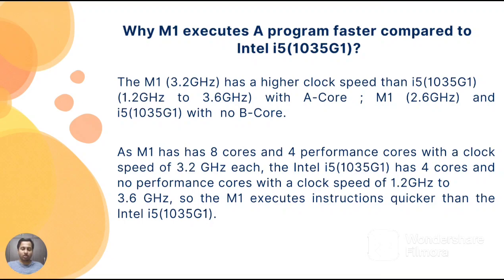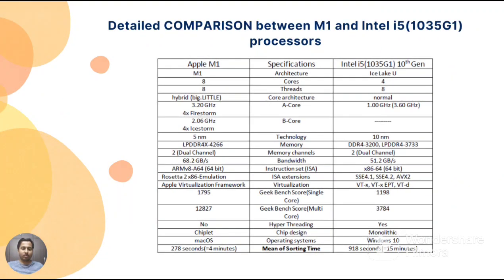So now let us look at the chart for comparison of both. We can see that the architecture difference is Ice Lake architecture with the i5, and the M1 processor has its own M1 architecture. We can see that there is a difference in cores, and also in the clock speeds of each core.